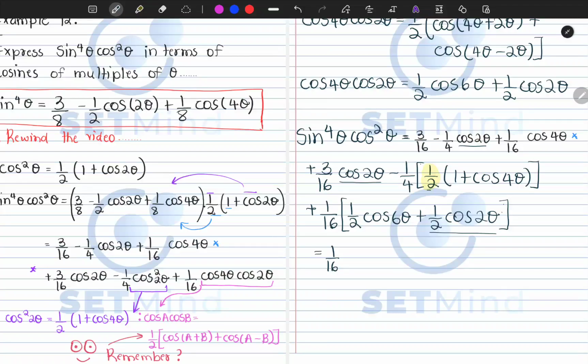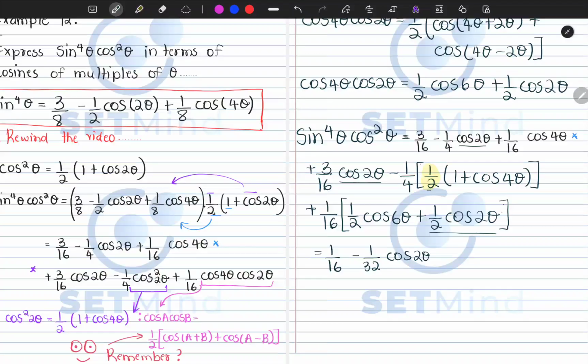So that can be written as what? 1 over 32 minus 2 over 32, which will just be negative 1 over 32, and we will have cos of 2 theta.